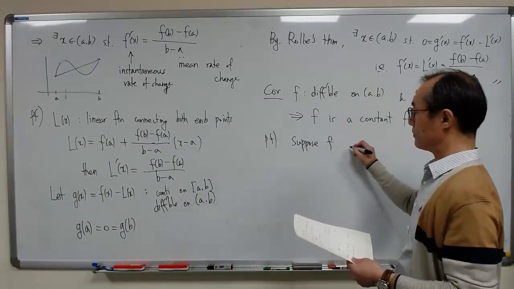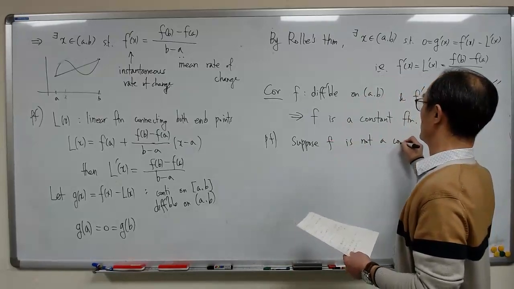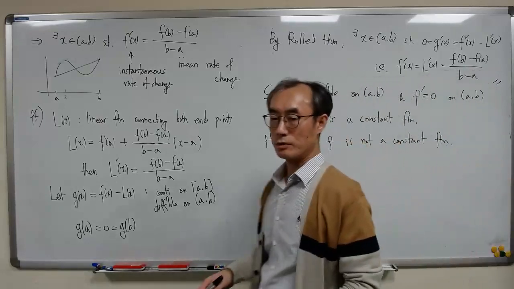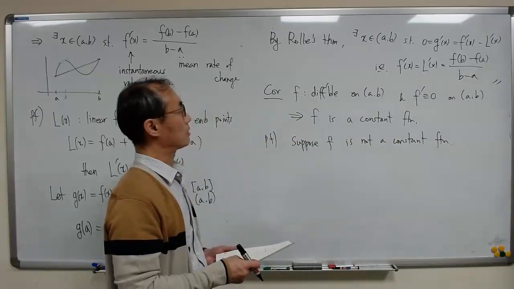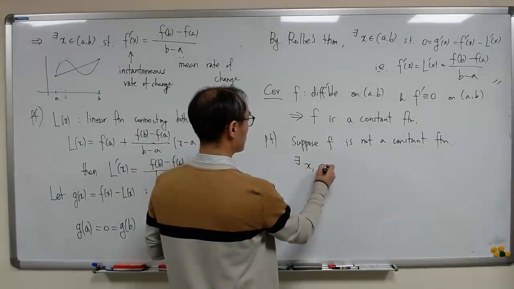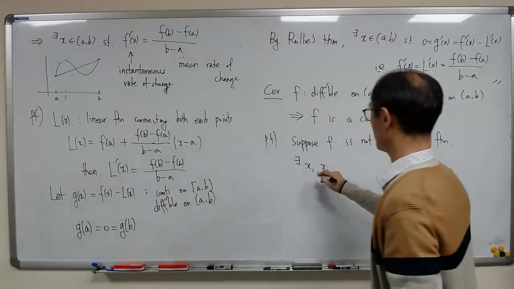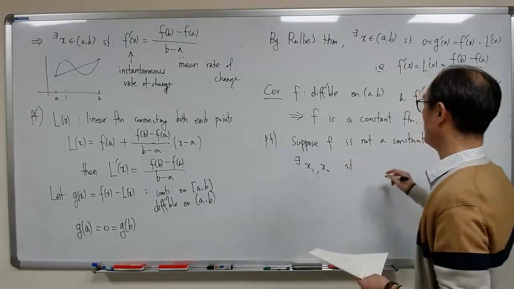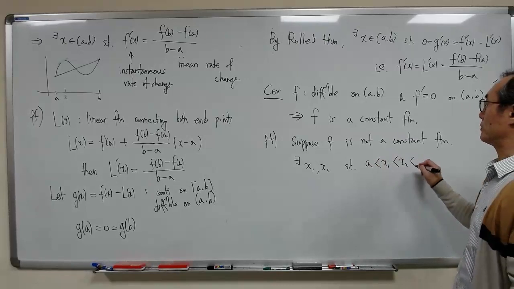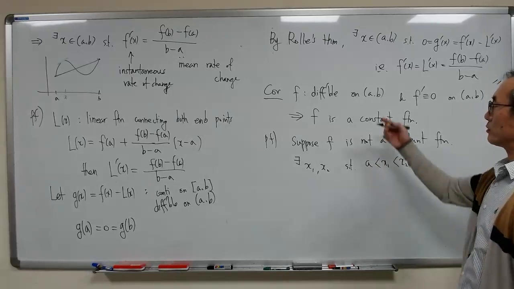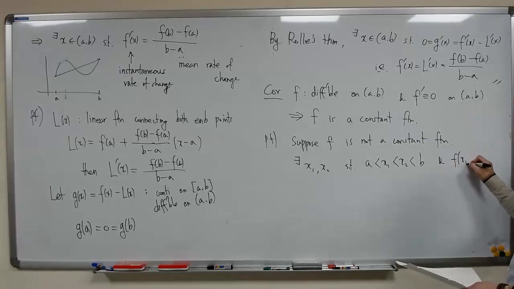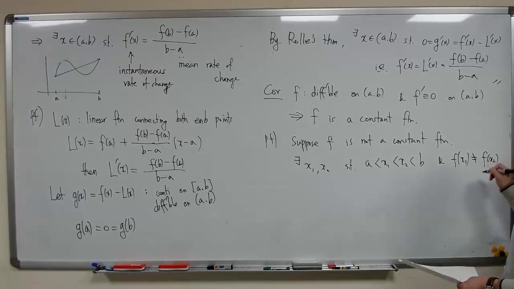Suppose this function f is not a constant function. We're going to derive a contradiction. If it is not a constant function, there exist two points, x1 and x2, they are different, and both of them belong to the interval from a to b, that's the domain of definition. But f of x1 is different from f of x2.